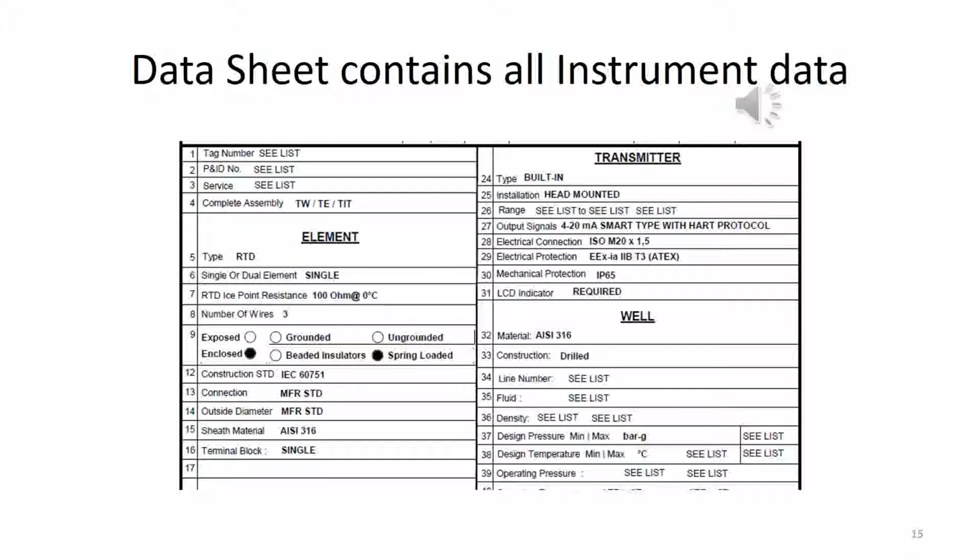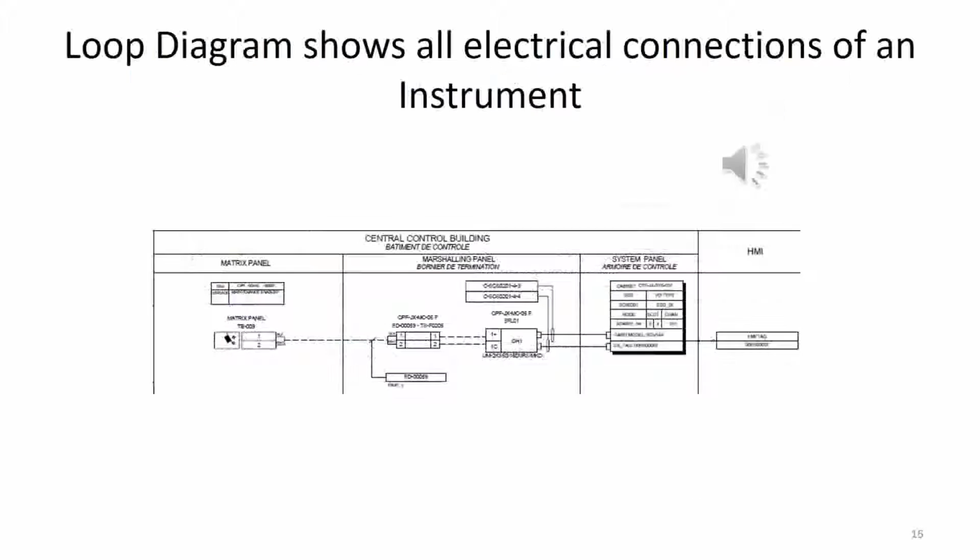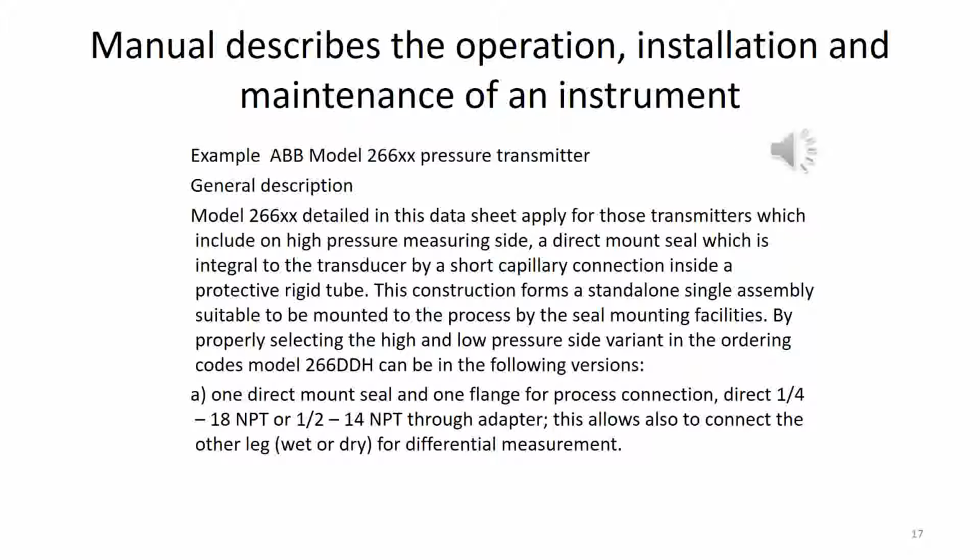Data sheet contains all instrument data. Loop diagram shows all electrical connections of an instrument. Manual describes the operation, installation, and maintenance of an instrument. Below is an example of ABB model 266 pressure transmitter.